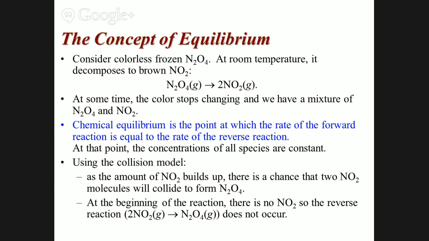It's not going to get any faster. On the other side, the reverse reaction starts out at 0 because there isn't any. But after a while, we've made some NO2, we've got more NO2, they start colliding with other NO2 molecules, and we develop a reverse reaction, which starts out very slow, but as we get more and more NO2, that increases.